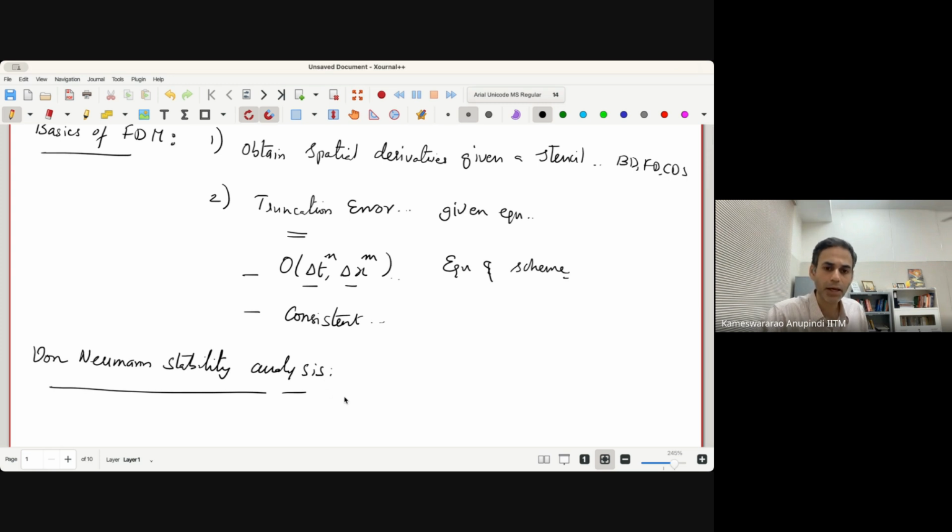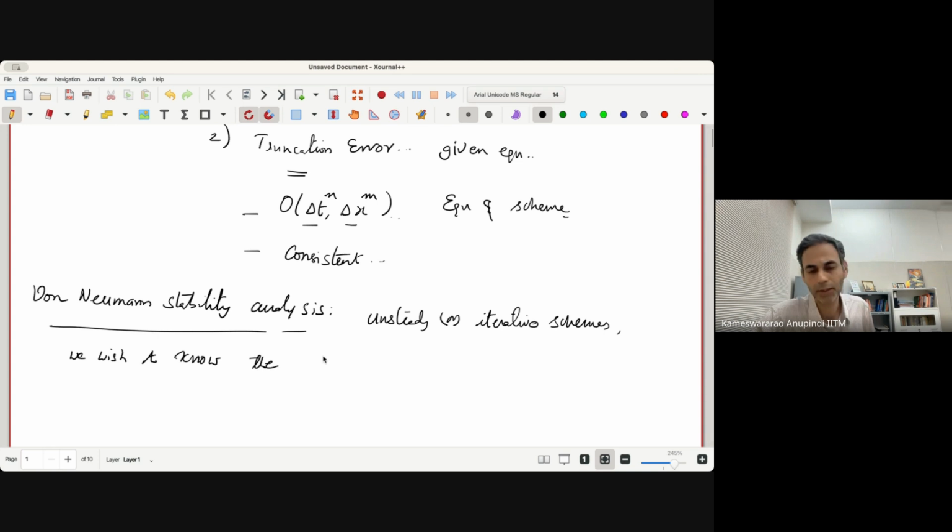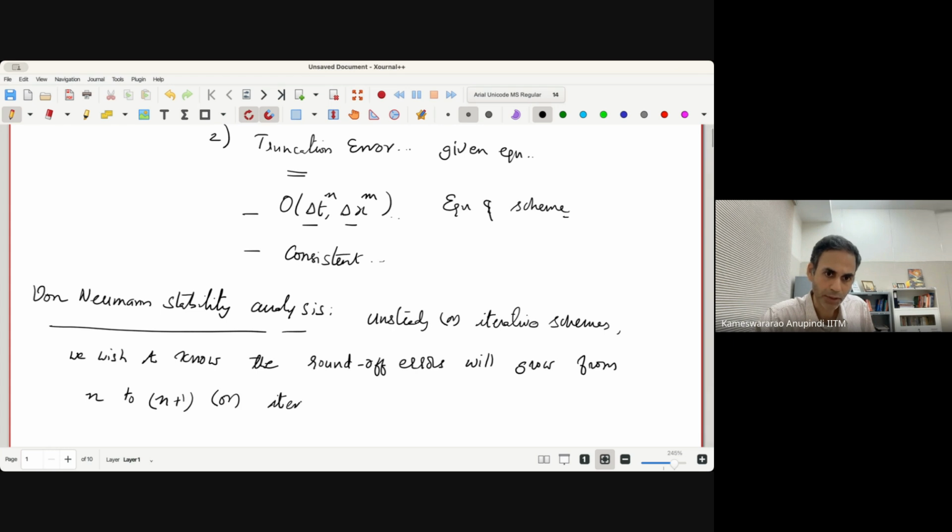So what we do in stability analysis is that whenever we deal with unsteady or iterative schemes, we wish to know whether the round-off errors that we have will grow from time step to time step or iteration to iteration.